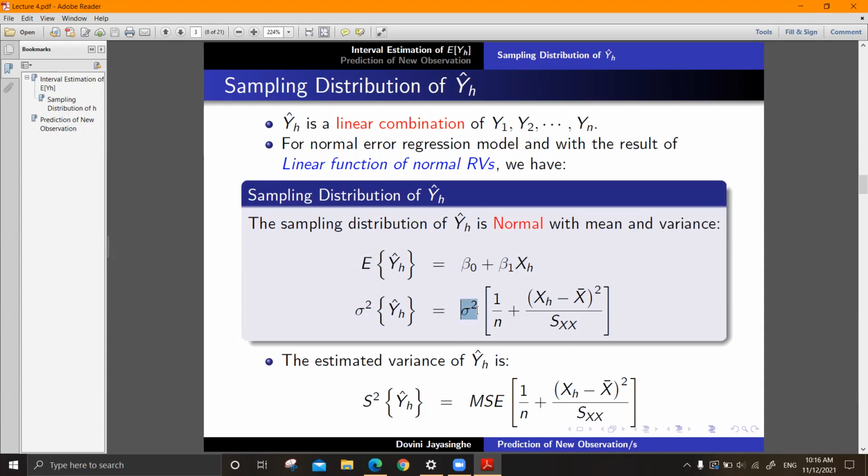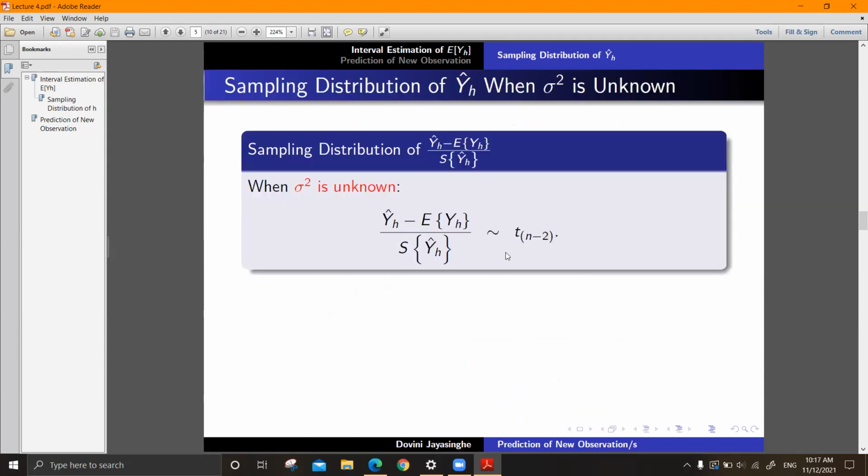But just because we don't know sigma squared and we are plugging in MSE on behalf of sigma squared as an estimation, it is no longer distributed as standard normal. It is going to be distributed as T. So the sampling distribution of the standardized random variable Y_h hat, where sigma squared is unknown, should be distributed as T with n-2 degrees of freedom.